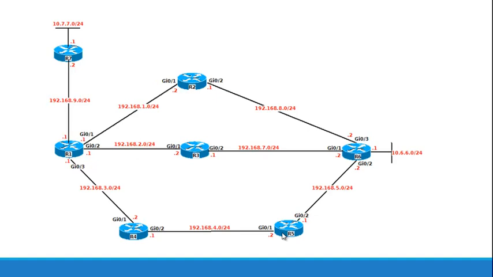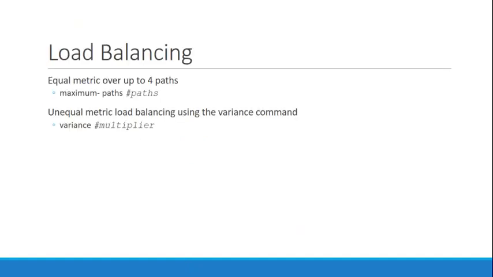So when we look at load balancing, our calculation will use bandwidth and delay. By default, EIGRP will load balance, or put in the routing table, all the routes, up to 4 by default, that have equal metrics.